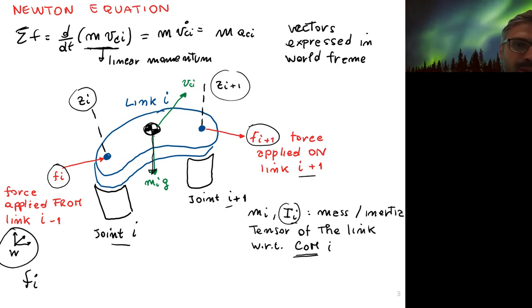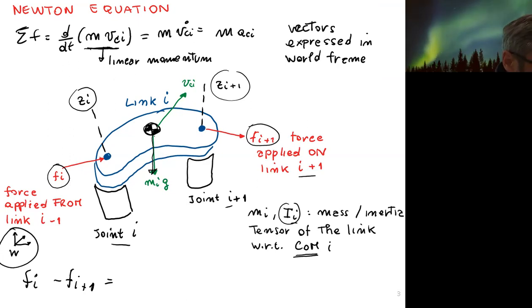Since Fi plus 1 is the force that link I is doing on link I plus 1, if we want to do the force balance for link I, we need to consider the minus sign on the force that link I is doing on link I plus 1.